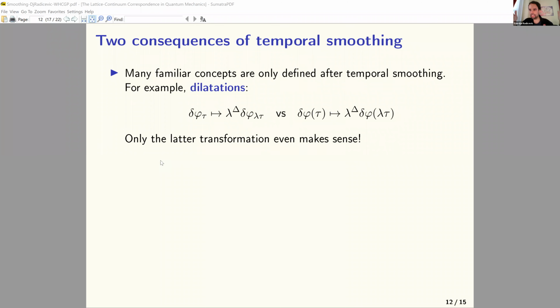You will have a similar thing if you want to talk about reparametrizations, which in the last 3 years or so has been a very popular thing to talk about in quantum mechanics. I will not talk about that, but if you want to start from a lattice and work your way up to conformal symmetry or reparametrization invariance, you actually need to perform this temporal smoothing.